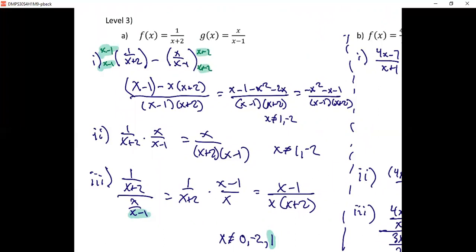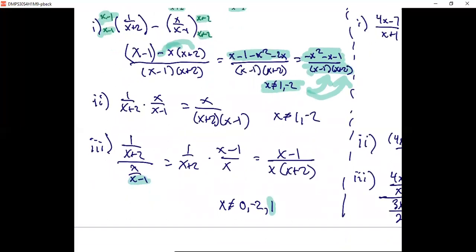When we subtract them, don't forget, we have to distribute the negative to both terms, which is what I showed in that step. Now, I'm a big fan of keeping your denominator factored, because if your numerator factors, then we can reduce it and simplify it. In this case, it doesn't, but I'm a big fan of keeping the denominators factored. Feel free to multiply them out if you wish. Now, our two restrictions show up in this denominator. x is not allowed to equal either one of those, and that does come from the two original domains.